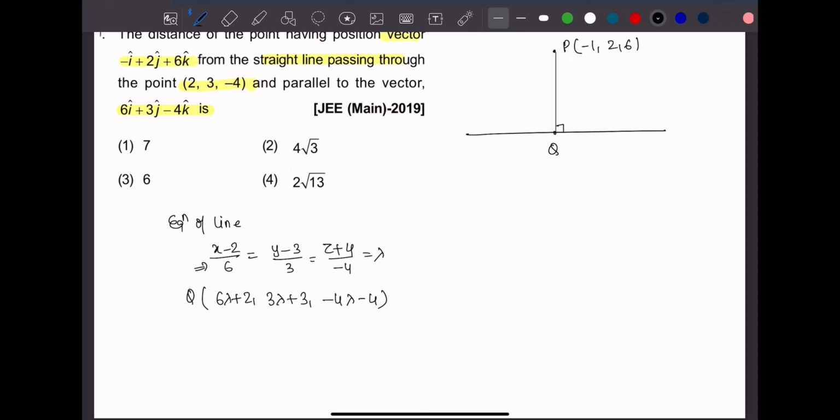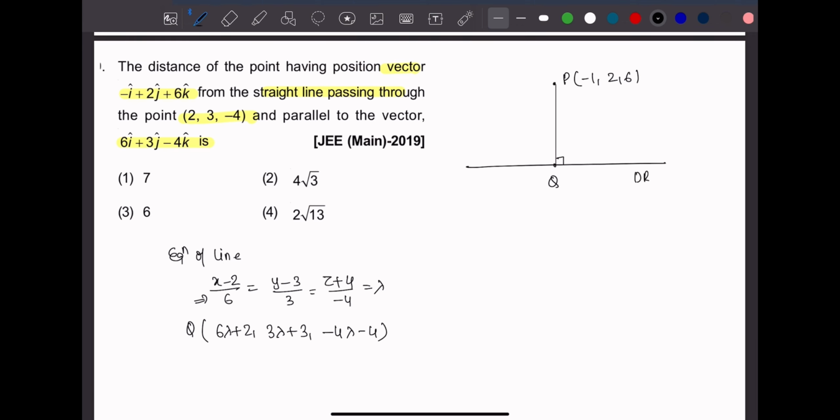Now next step is what? Direction ratio of this line we have as 6 comma 3 comma minus 4, which means we can say that this PQ vector is perpendicular to the direction ratio of the given line. So PQ vector dot direction ratio is equal to 0. Apply this concept.